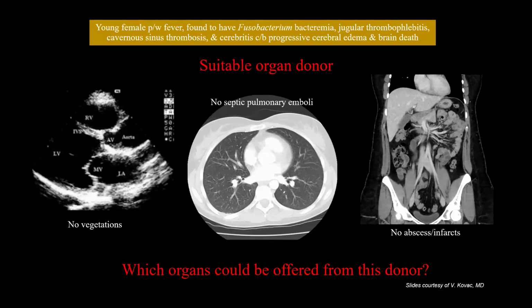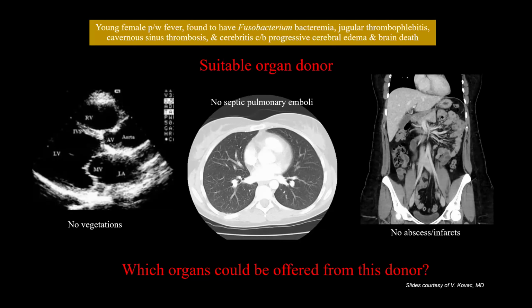So in this young woman who came in with fever, was found to have Fusobacterium bacteremia, jugular thrombophlebitis, cavernous sinus thrombosis, and cerebritis, and went on to have progressive cerebral edema and ultimately was declared brain dead. Would this be a suitable organ donor? And if so, which organs could be safely offered from this donor?